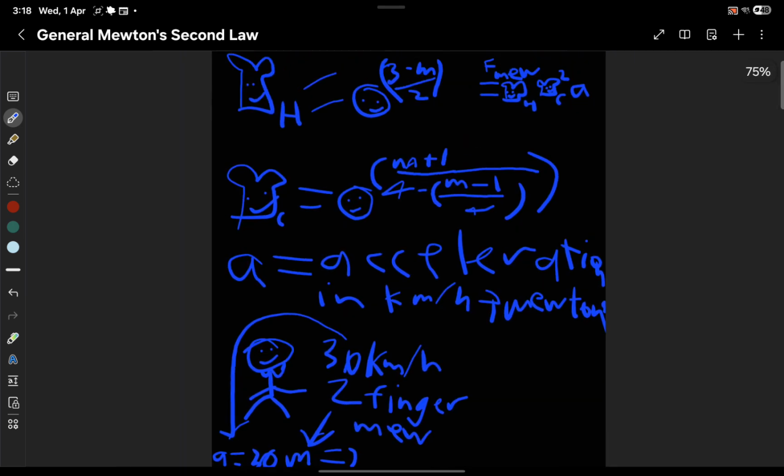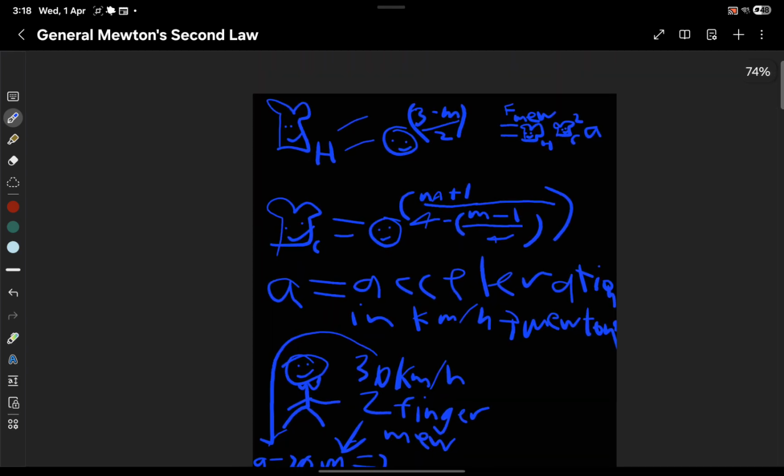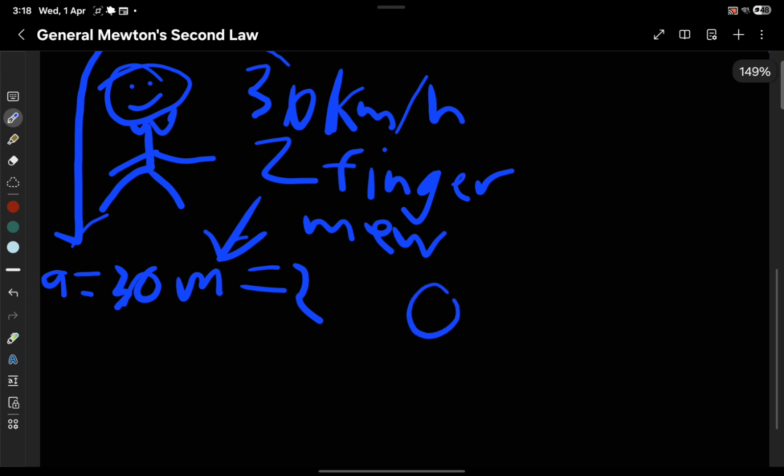Now let's plug in the numbers. Basically, for Toasty sub h, we're going to do smiley face to the power of 1 over 2, because 3 minus 2 equals 1.